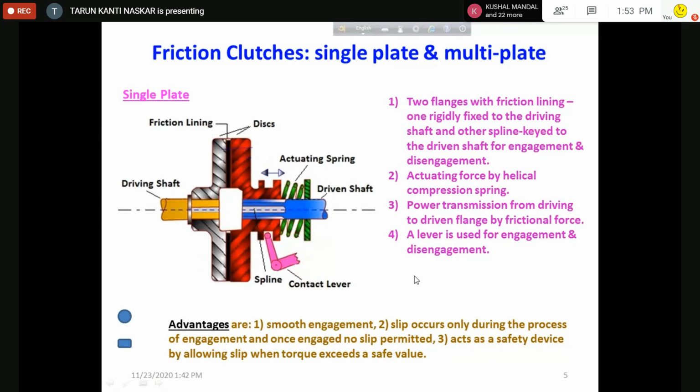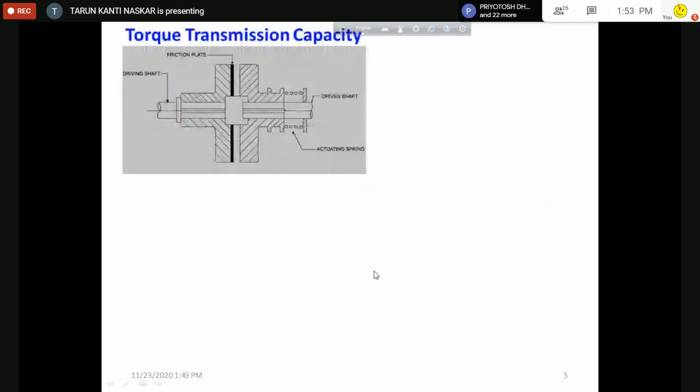So these are the advantages. The three important points: smooth engagement, slip only during the process of engagement but at the end there is no slip, and it acts as a safety device. This is a very important thing.